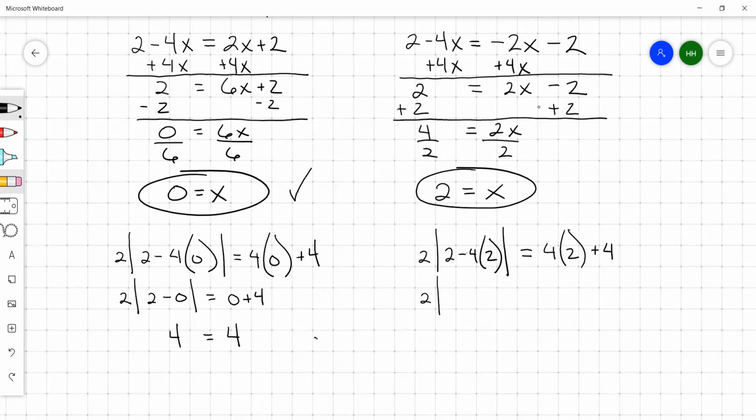And 2 minus 8 is negative 6. And we got to see if that's equal to 4 times 2, which is 8, plus 4 is 12. So what's the absolute value of negative 6? Times 2, 12. So we get 12 equals 12. So both solutions work.